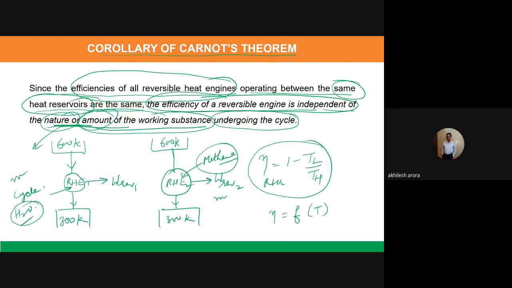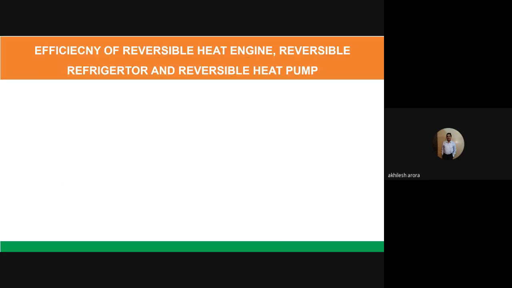So undergoing the cycle, I hope this is clear to you that the efficiency of a reversible heat engine is independent of the mass as well as the substance which is undergoing the cycle in a Carnot cycle engine. Now let us talk finally about the efficiencies and the COPs of the reversible heat engine.